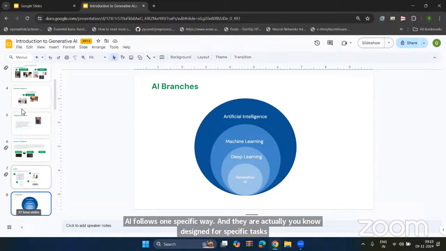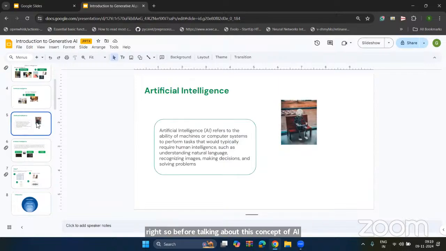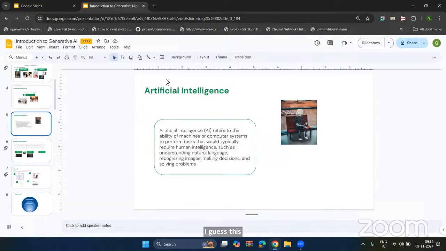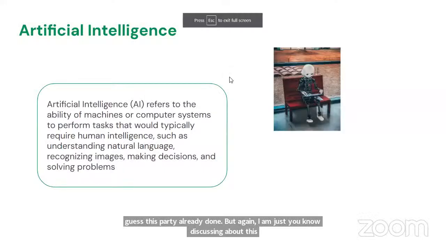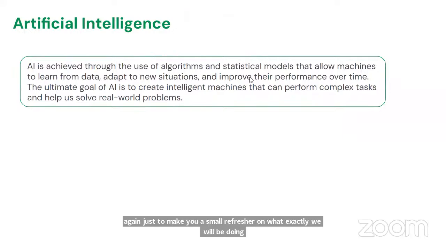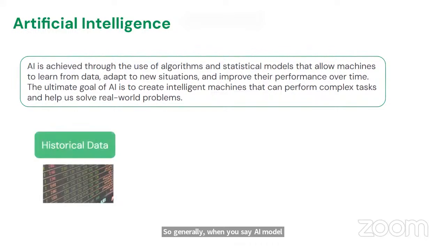Before talking about this concept of AI branches, we'll also talk about how AI works. I guess you already know this part, but I am discussing it again just to make a small refresh. When you say AI model, you'll be having something called historical data.